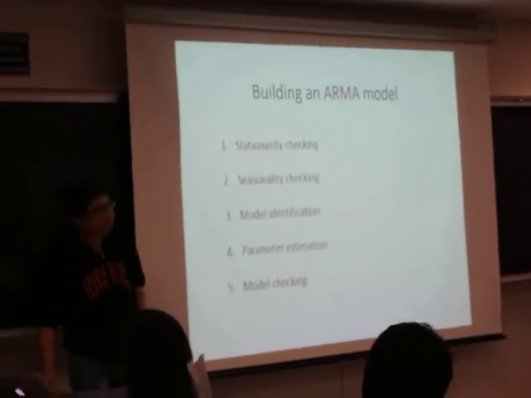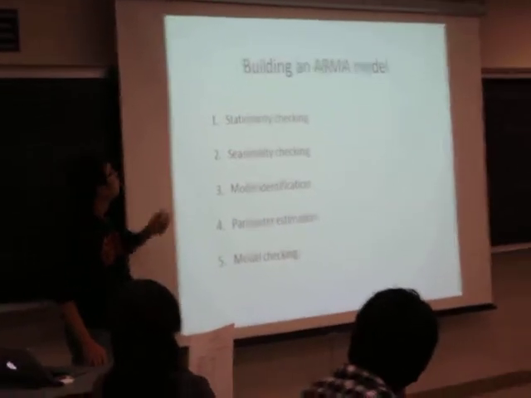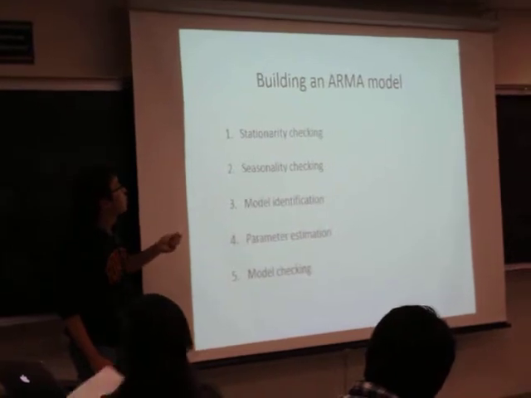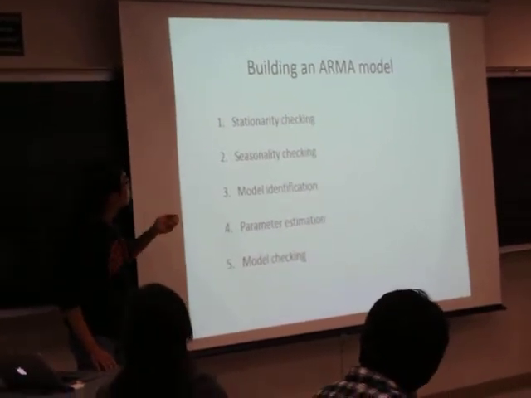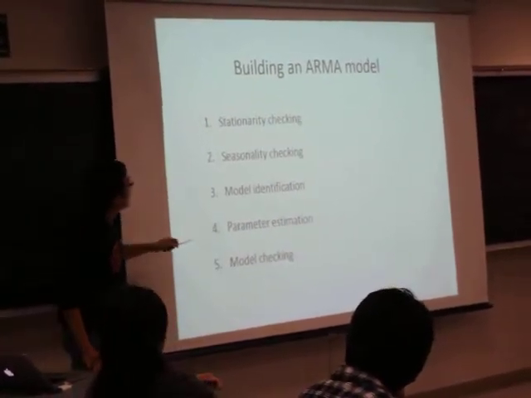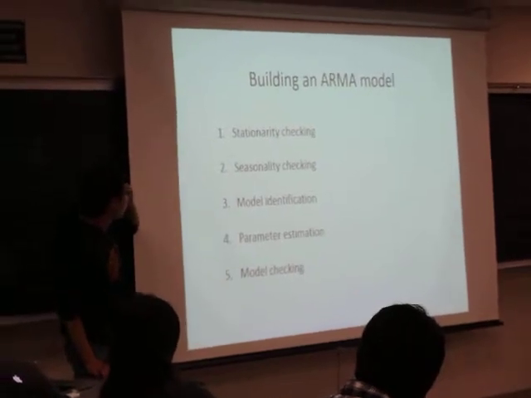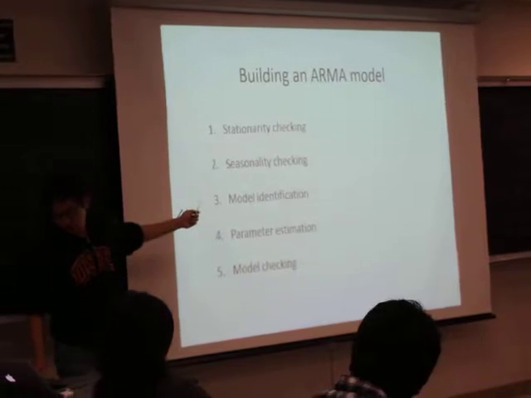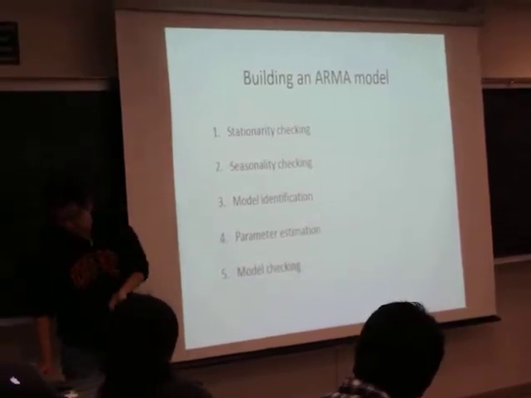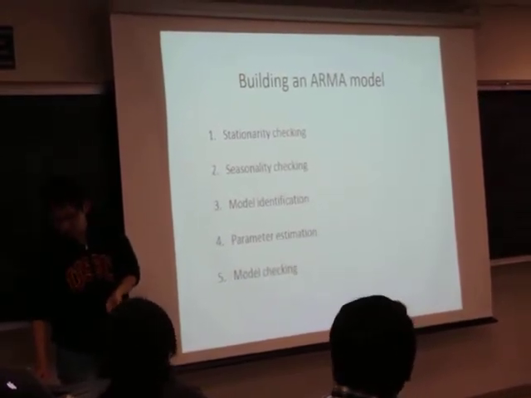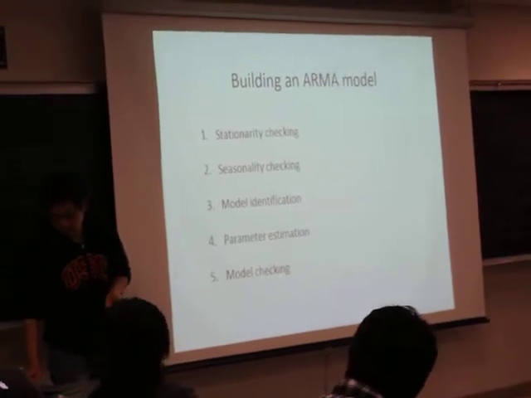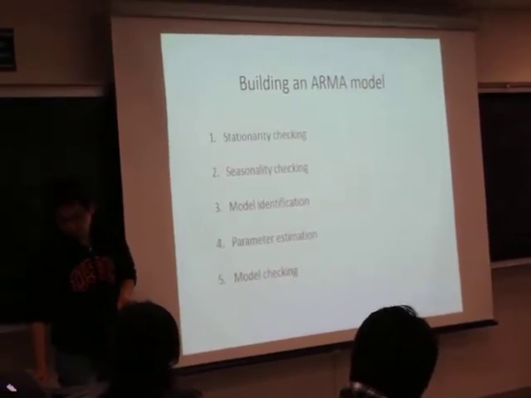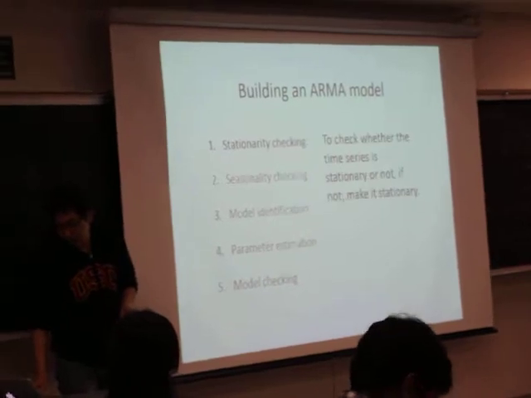We follow the standard Box-Jenkins procedure to build the ARMA model. Basically, there are five steps: stationarity checking, seasonality checking, model identification, parameter estimation, and model checking.